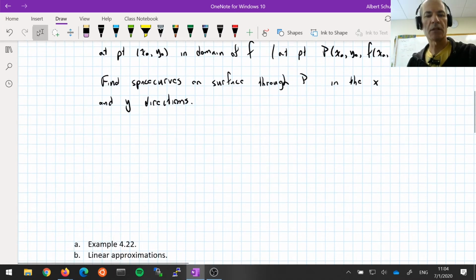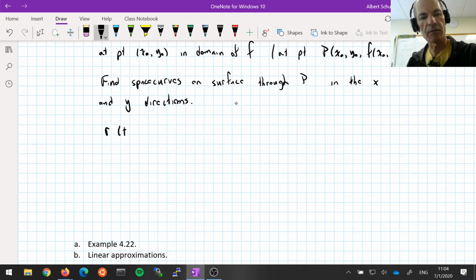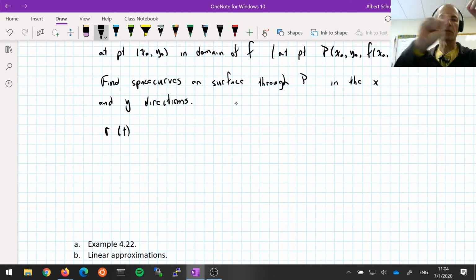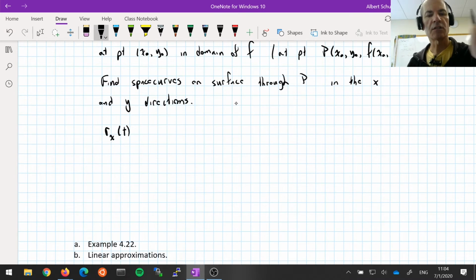And you have to be careful with the notation here. Remember that we always use space curves as r of t, where the t value moves us back and forth along the space curve. I'm going to say r sub x is the space curve in the x direction, and we can write that in vector form as: if we're moving in the x direction, then the parameter t is going to be the x coordinate.